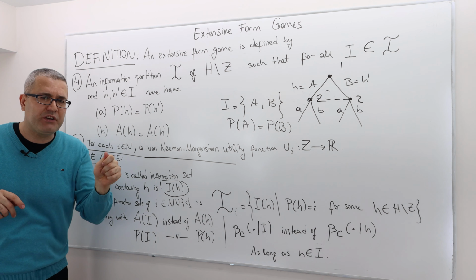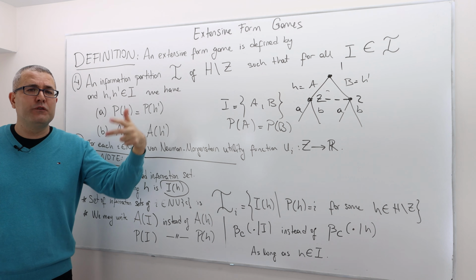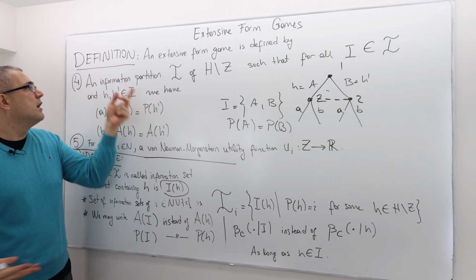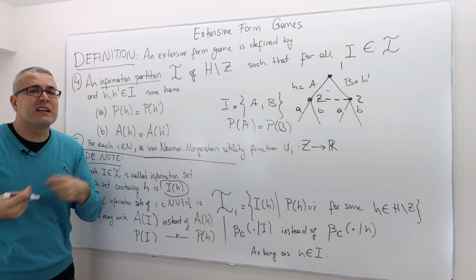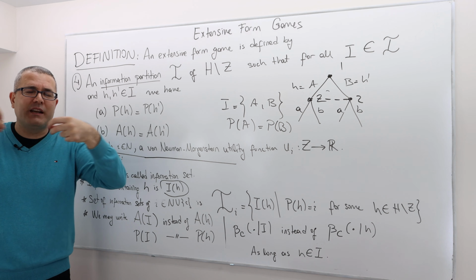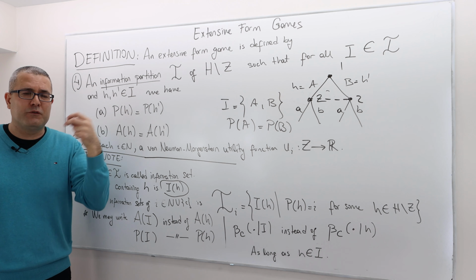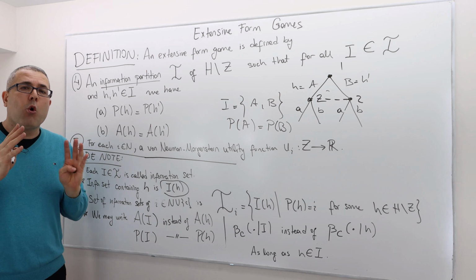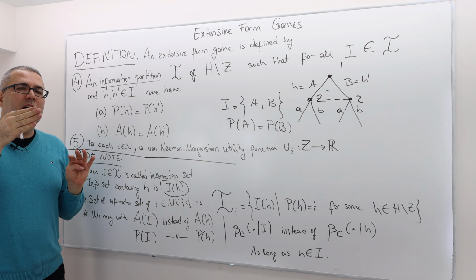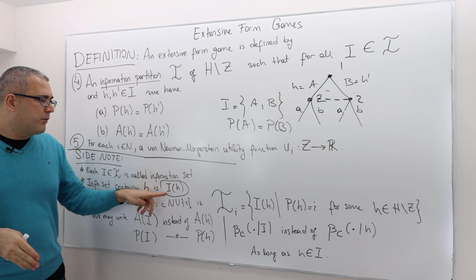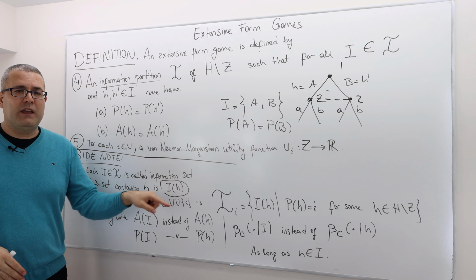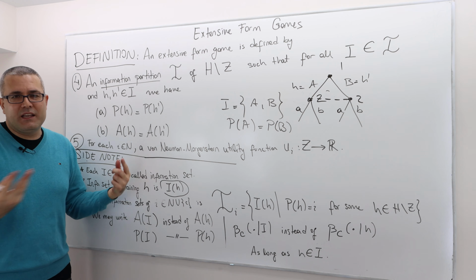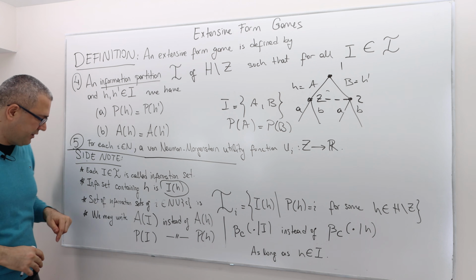One history cannot be an element of 2 different information sets, because this is what an information partition is. Remember, there can't be joint elements of 2 info sets. So therefore, if I want to call the information set where H belongs, I'm going to denote it by I of H. All right? It's not because I is a function, but it's just a notation.